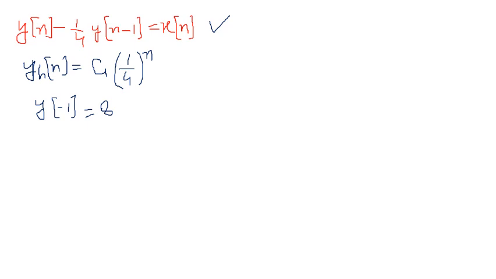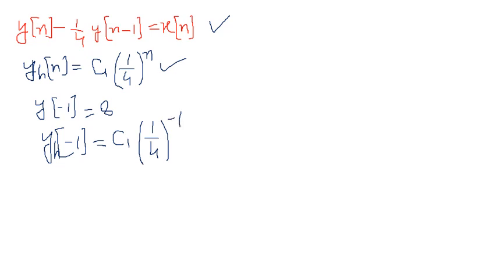So that's quite straightforward to find the value for the natural response. By replacing the value in the equation we have obtained for the homogeneous solution, y of minus 1 is equal to c1 times 1 by 4 power minus 1.